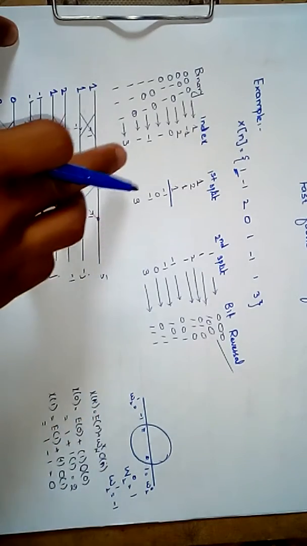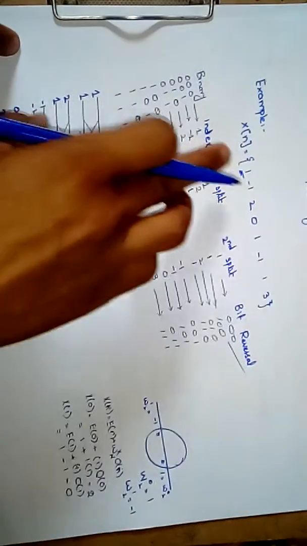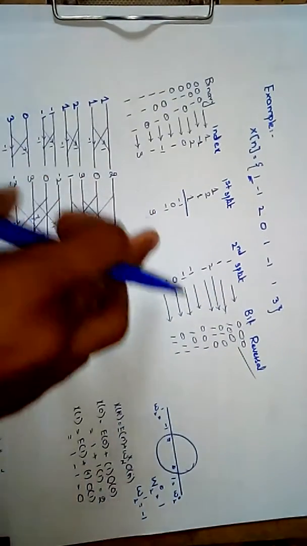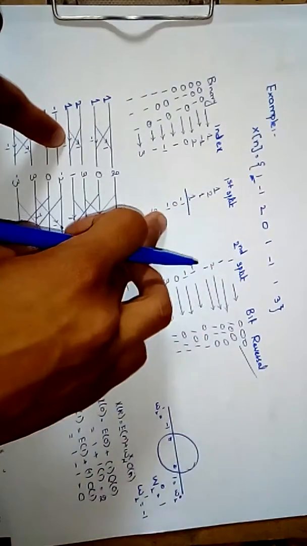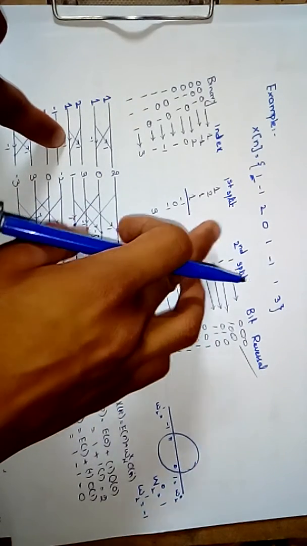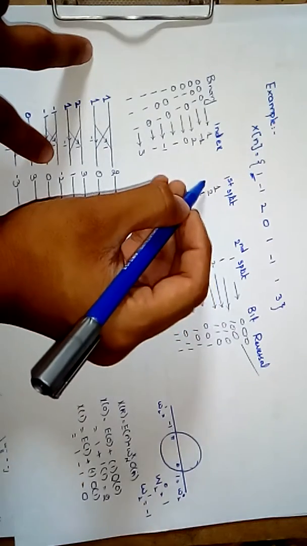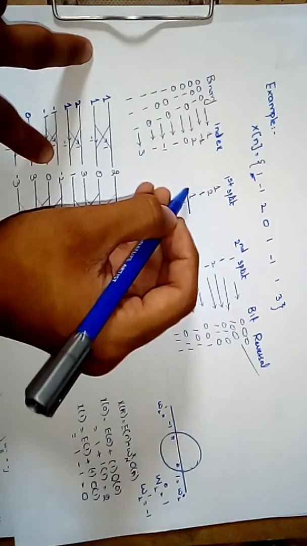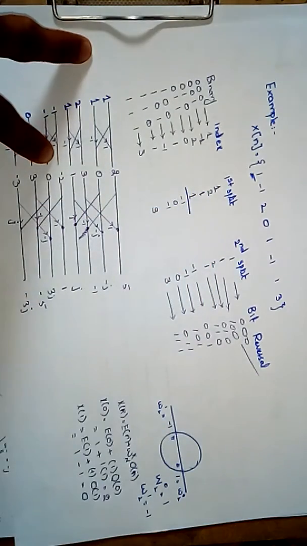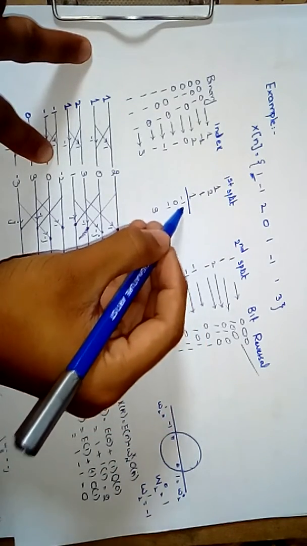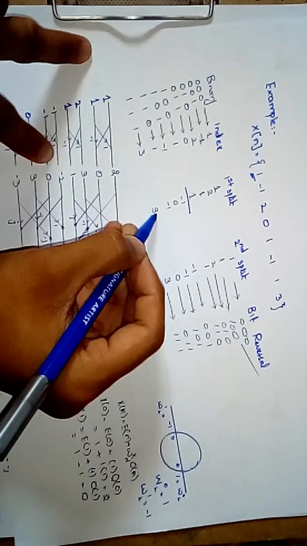First, the input data with indices 0, 1, 2, 3, 4, 5, 6, 7 are split into two parts. The first part contains the even indices 0, 2, 4, 6, and the second part contains the odd indices 1, 3, 5 and 7.